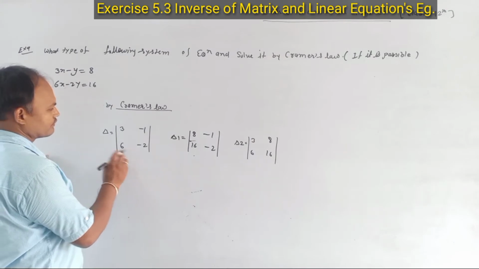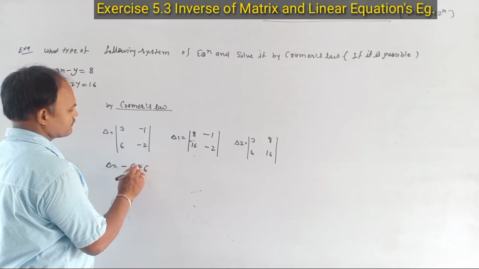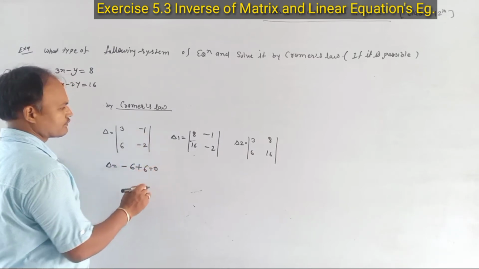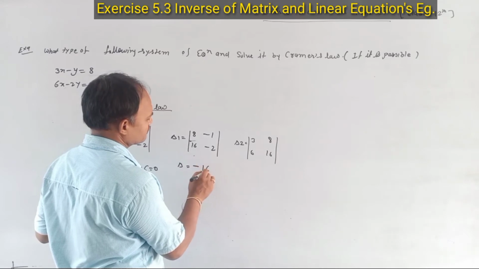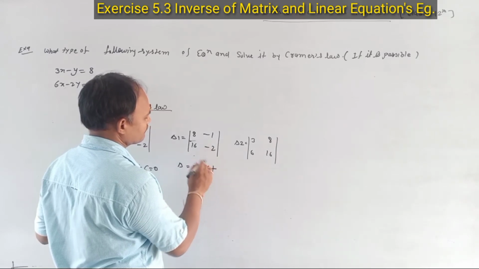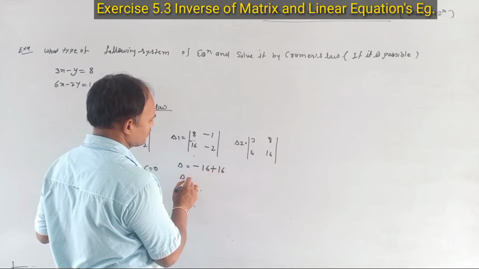Delta equals minus 6 plus 6, it is 0. Now delta 1 equals minus 16 plus 16. Oh my god, it is also 0.